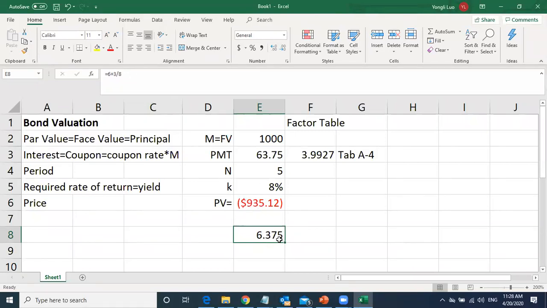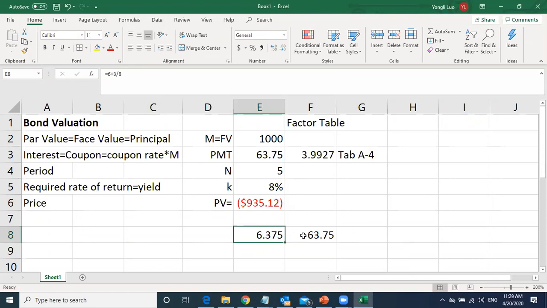Okay, that's 6.375%, and then you times 1,000. You change it to percent, and you times 1,000, which is the face value. That's how you got it.